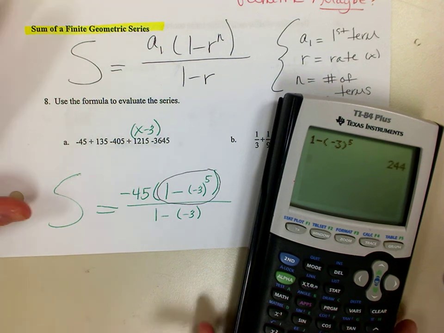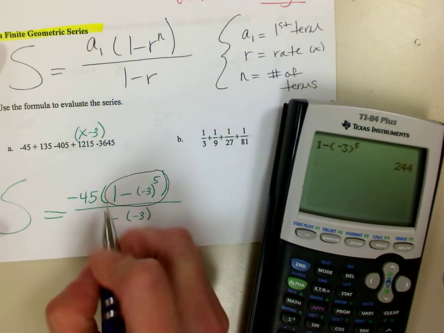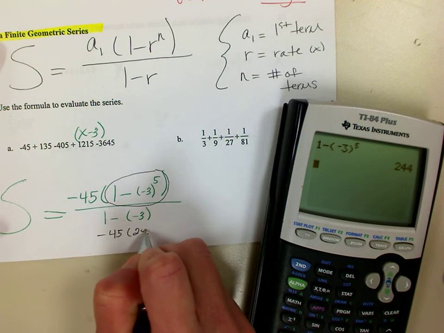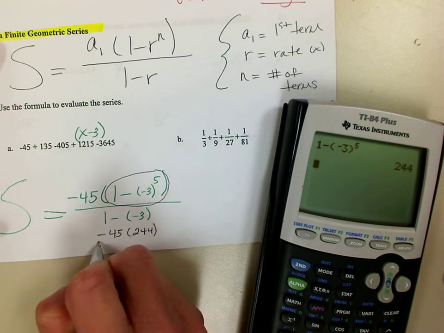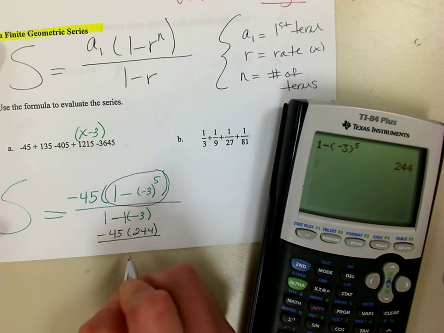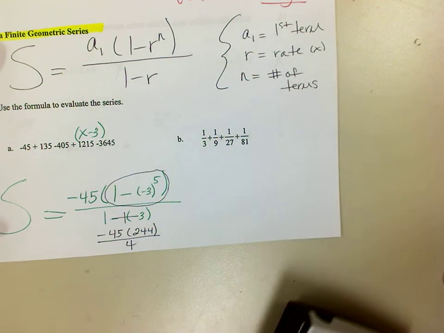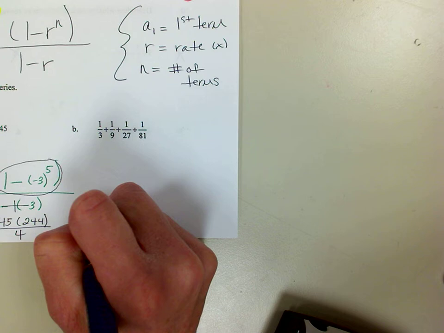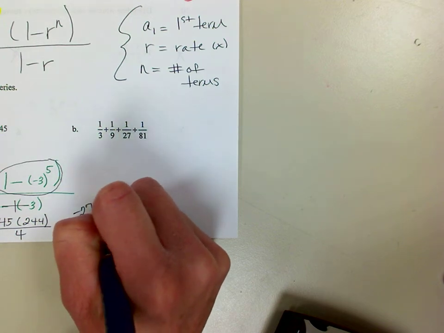That's 244. So now I'm going to take negative 45 times 244, divided by 4. We multiply these two numbers and then divide by 4. So our sum is negative 2,745.